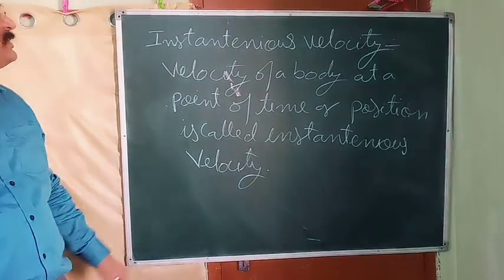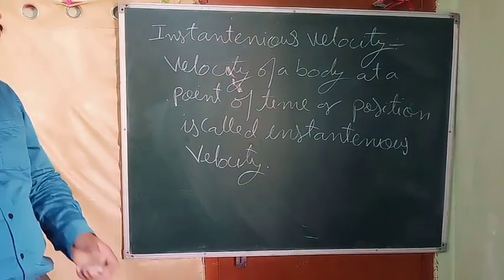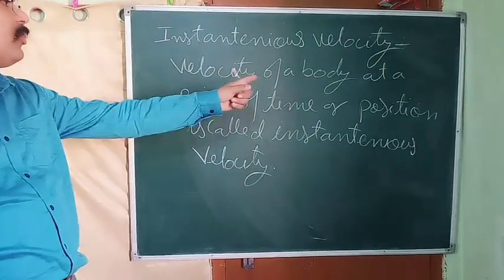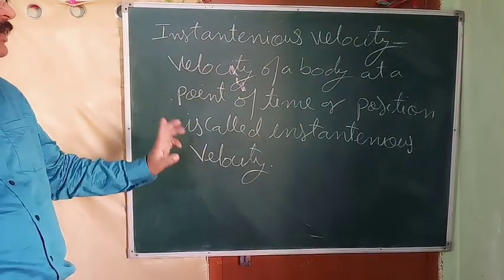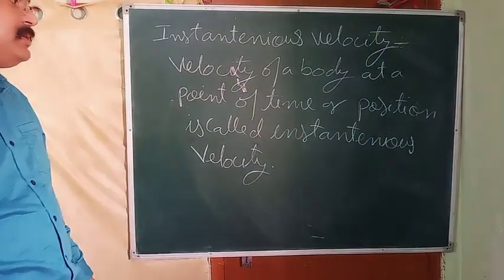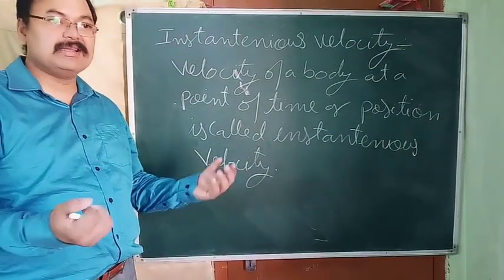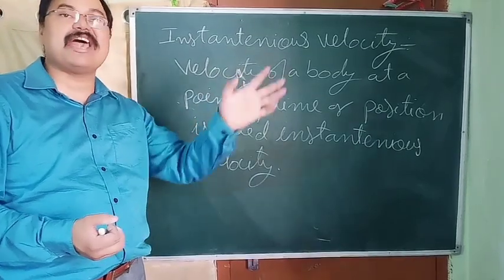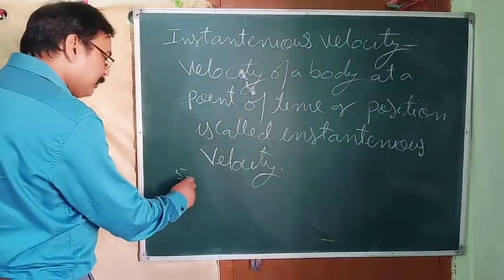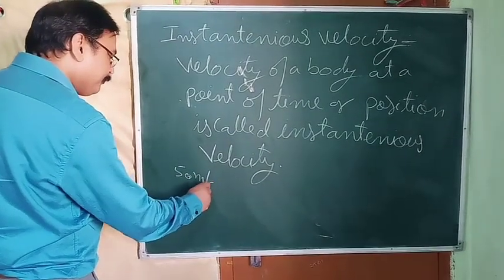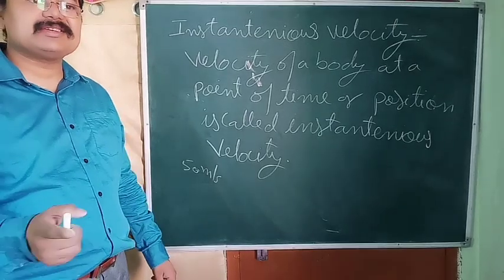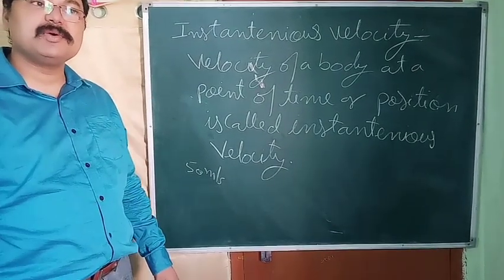So next is instantaneous velocity. Now see, what is instantaneous velocity? Velocity of a body at a point of time or position is called instantaneous velocity. That means, suppose you are riding in a car and the car is moving towards the east direction with a speed of 50 meter per second. So speed is 50 meter per second, direction is east.